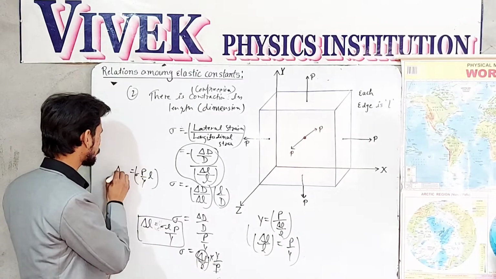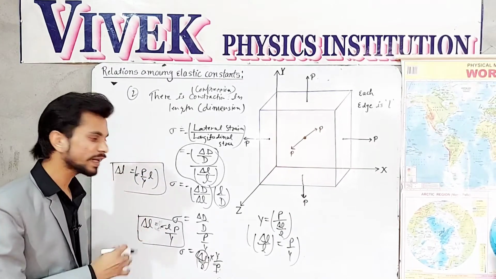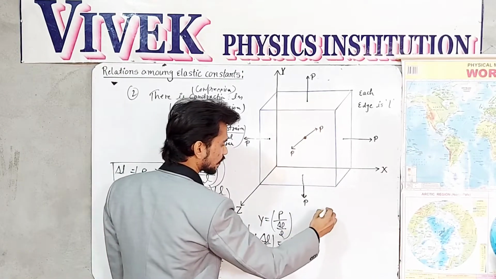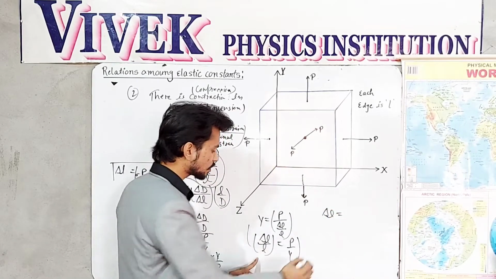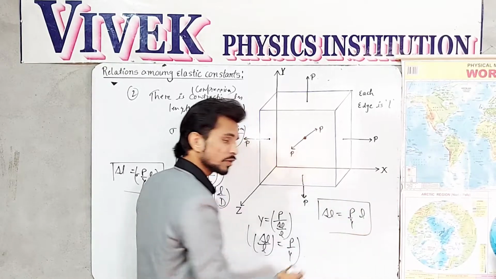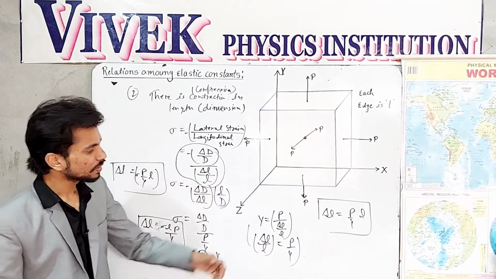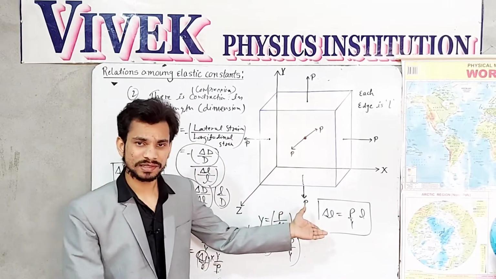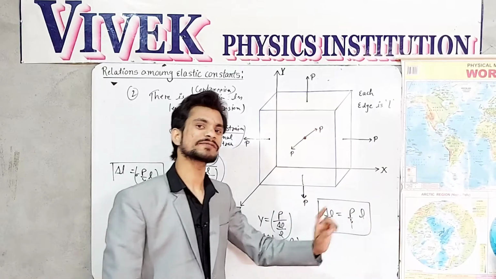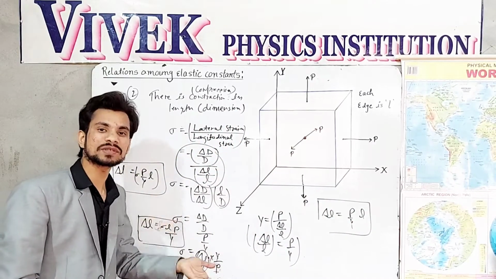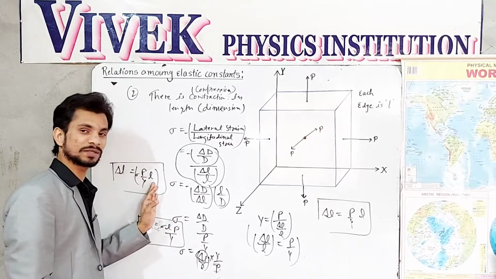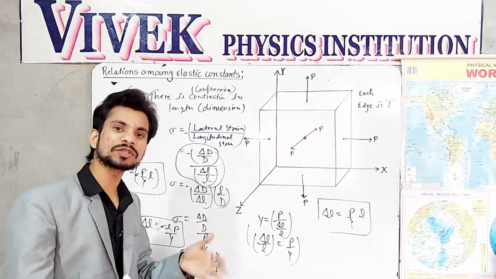I will use delta L for contraction in length, and for extension in length, from this formula, delta L equals P over Y times L. As far as the extension is concerned, I will use delta L equals P over Y times L. And as far as the contraction in the dimension is concerned, I will use sigma times P over Y times L, because whenever there is a contraction, the Poisson ratio should be mentioned.